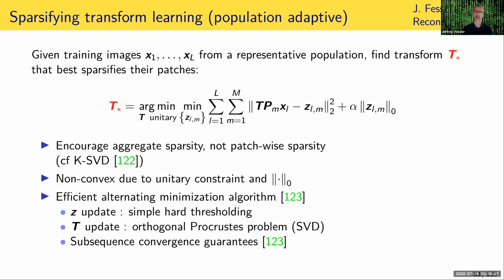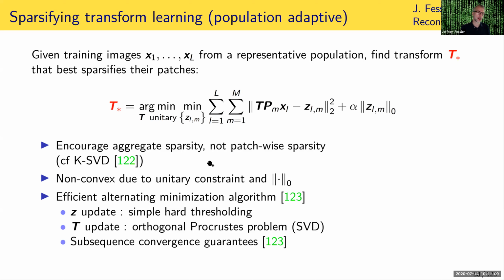I don't care if some patches have 1 or 2 non-zero coefficients and others have 10 or 11 non-zero coefficients, as long as the sum of the number of non-zero coefficients over the entire image, actually over the entire set of training data, is small. If you think about medical images or even natural images, there's regions in the air and uniform regions where the output is especially sparse, and then there's other regions that are much more complex.